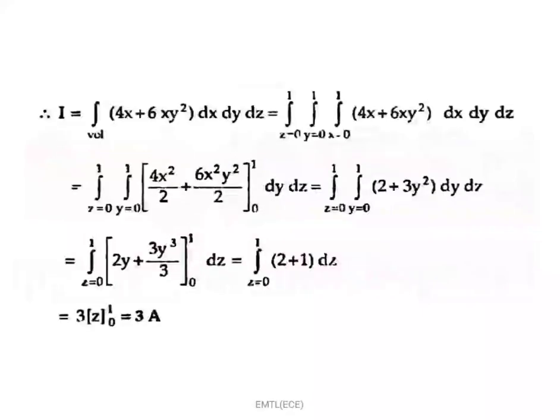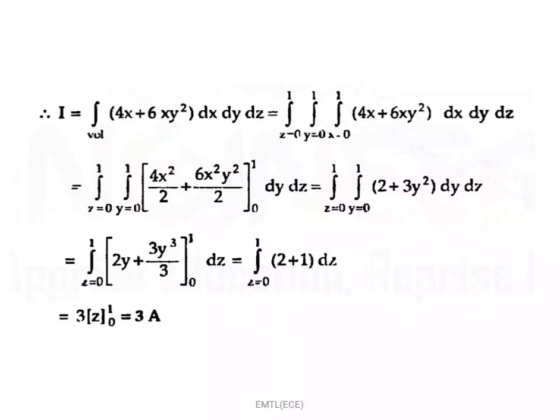Now we have to substitute into the expression I is equal to integral del dot J dV. This is the del dot J value, and this is the volume, with variables along x, y, z. The limits are x from 0 to 1, y from 0 to 1, z from 0 to 1. Why?